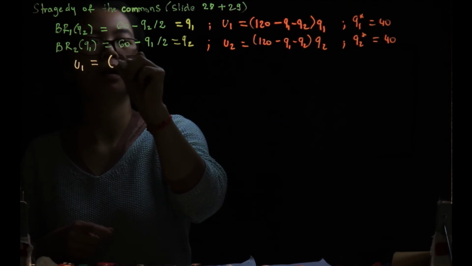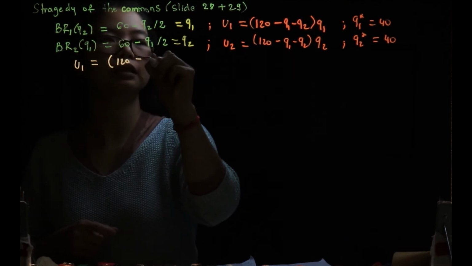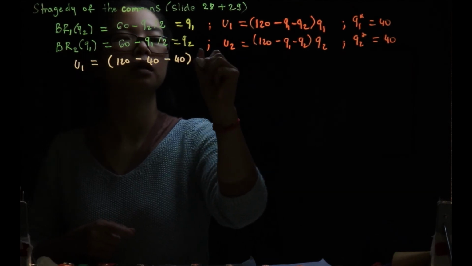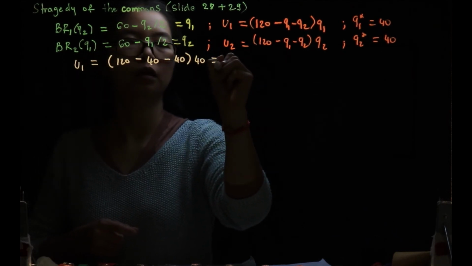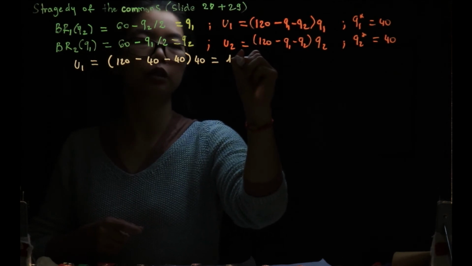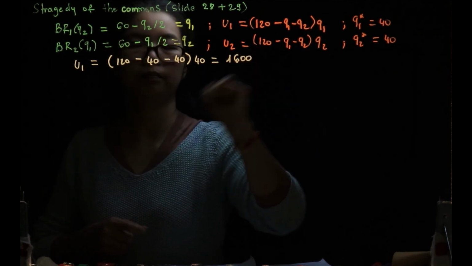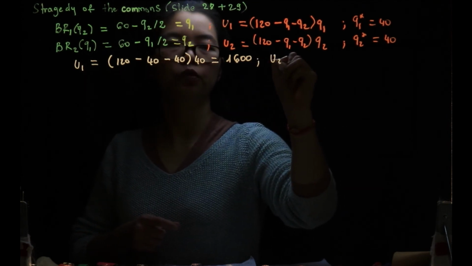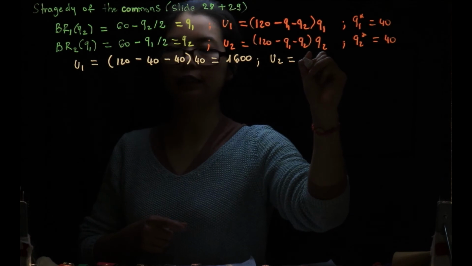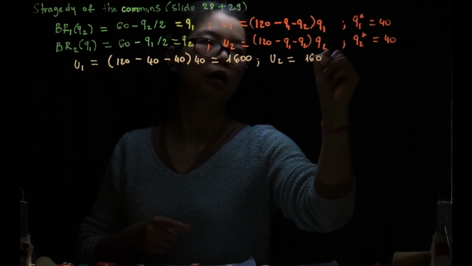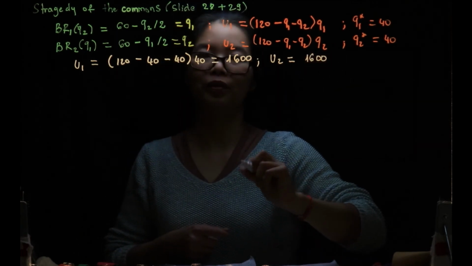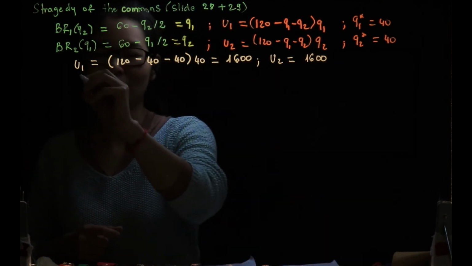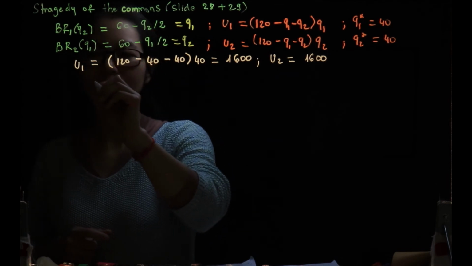U1 will be 120 minus 40 minus another 40, times 40, right? Which would be 1,600. Similarly, U2 will be the same because the game is symmetric. But please calculate that when you want to verify it.